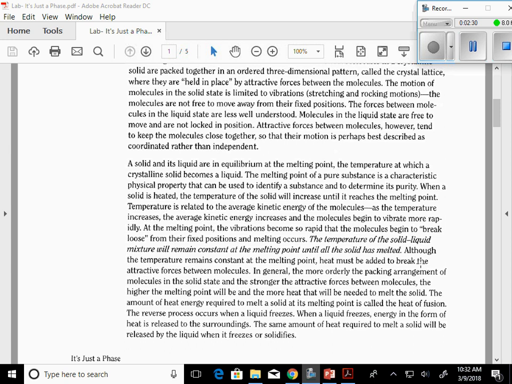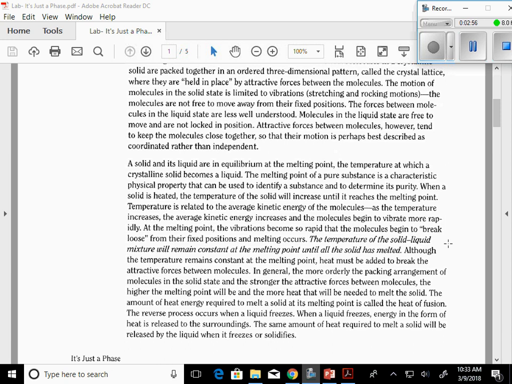The temperature of the solid-liquid mixture will remain constant at the melting point until all of the solid is melted. We've seen that with our phase diagrams. Think about quadrant number 2. That was the flat line. That was the melting point. We still have heat being added, and we still need the heat to be added.